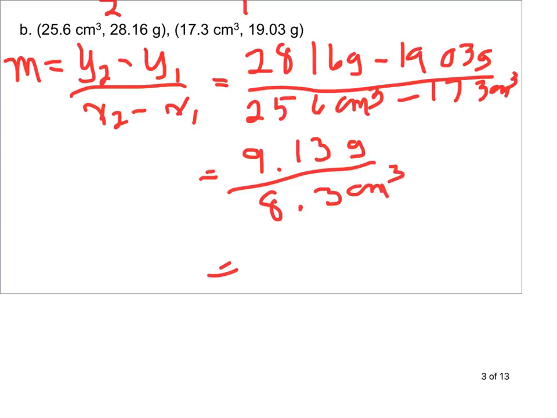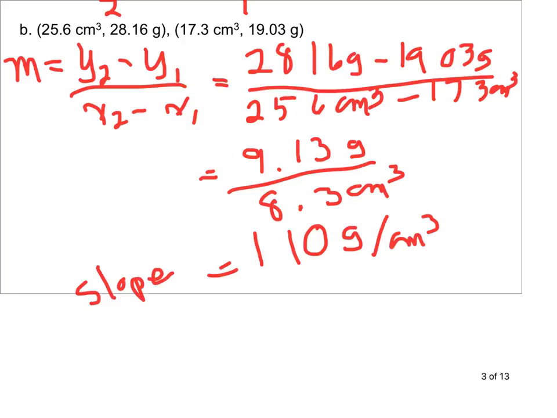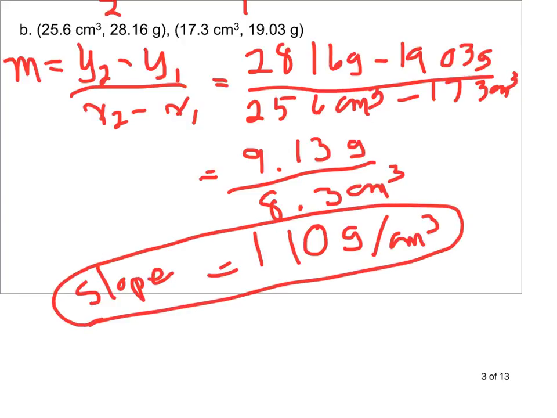Calculator work now. 9.13 divided by 8.3, and we get 1.1 on the calculator. I think I'll keep 3 sig figs, looking at what we started with. 3 sig figs, so 1.10 grams per cubic centimeter. That's our slope. You might recognize these units as units of density.